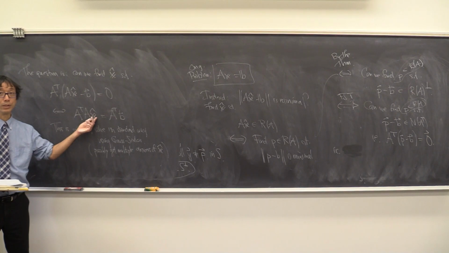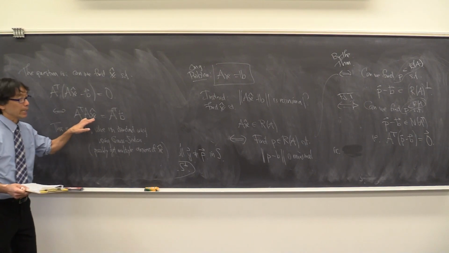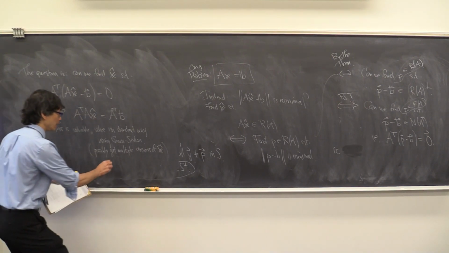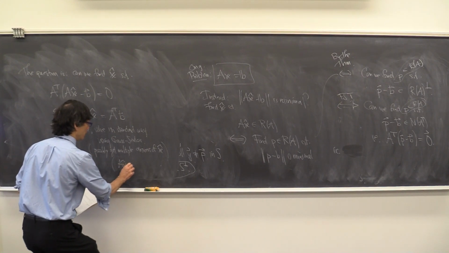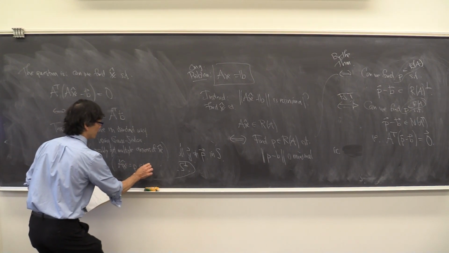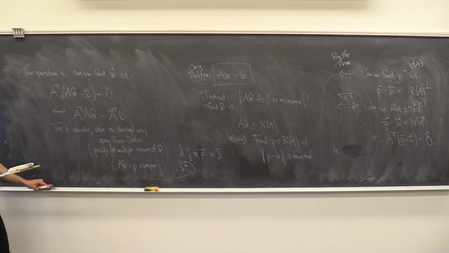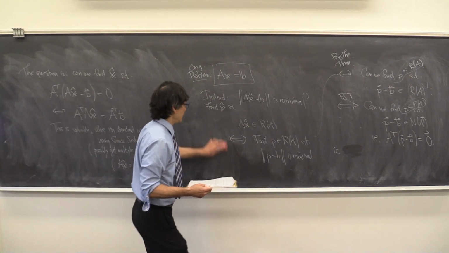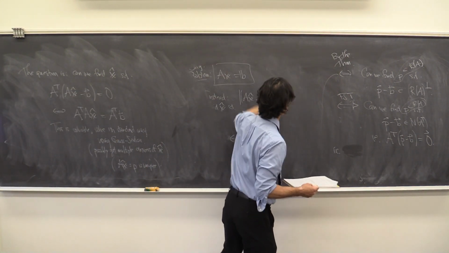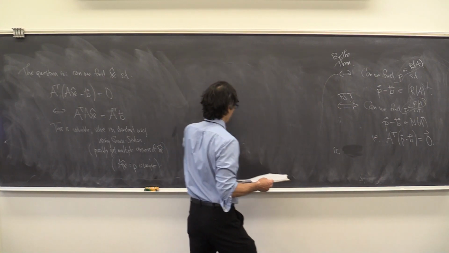You might get multiple solutions for x hat, but Ax is unique, right? That P is unique. Okay, so let's do an example, just to make this concrete.